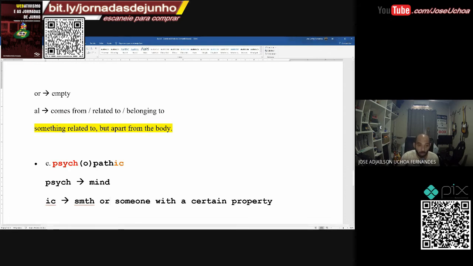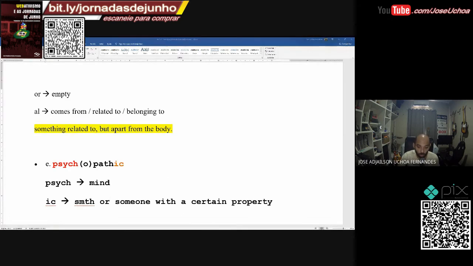Okay, let's look for words in ic. Let me search here. Words in ic, like electromagnetic. Electromagnetic is something that has to do with electromagnetism. Electromagnetic is the property of having electromagnetism. Do you agree?